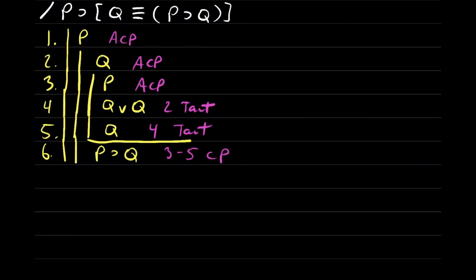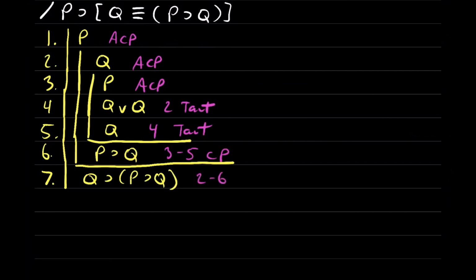So I'm done with that conditional proof sequence. So if Q, then P implies Q. Still inside the scope of that first conditional proof sequence we started, that outermost vertical line. That's going to be line 2 through 6, by conditional proof.